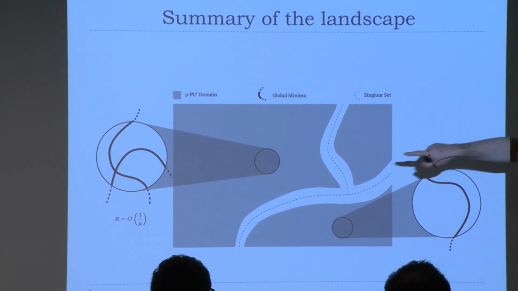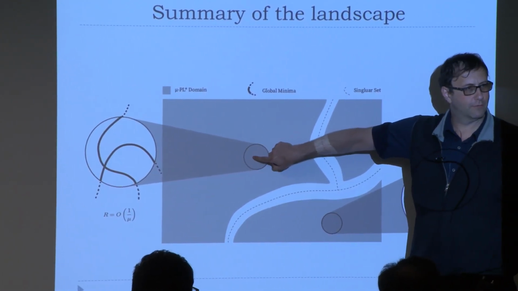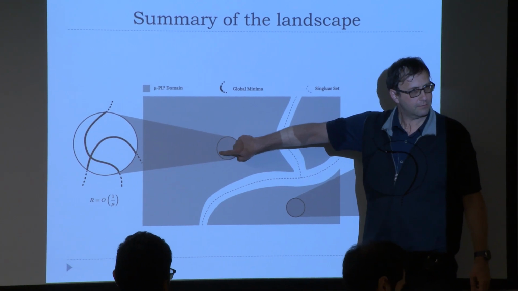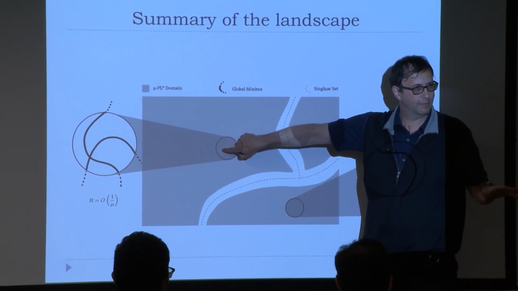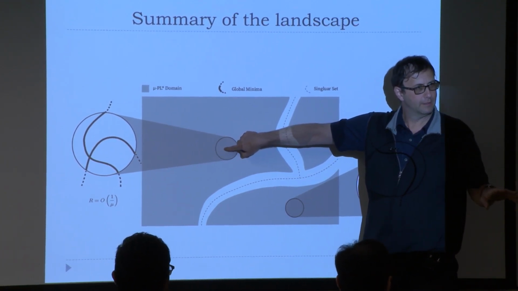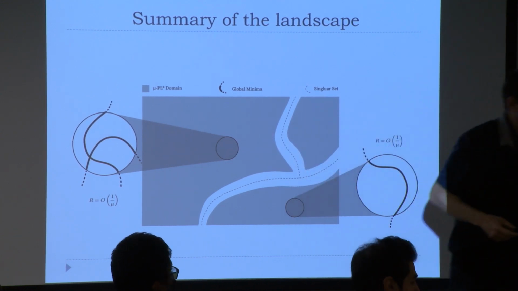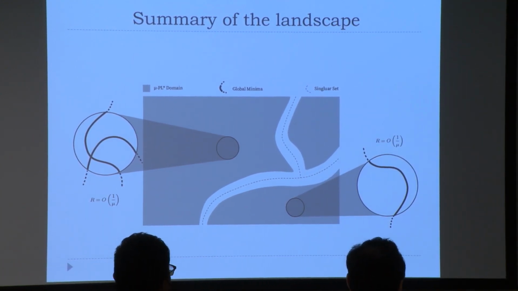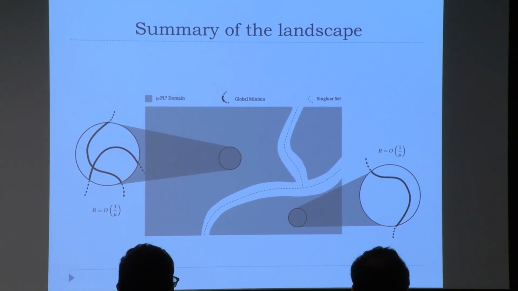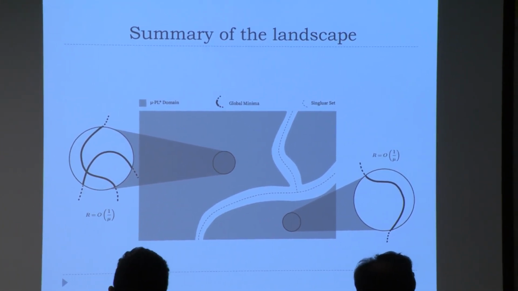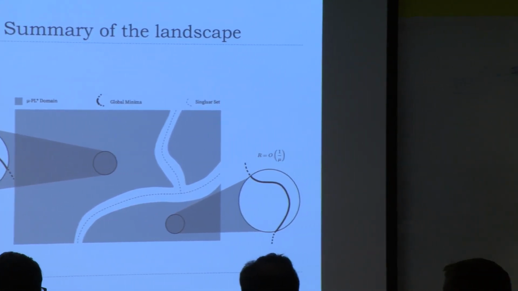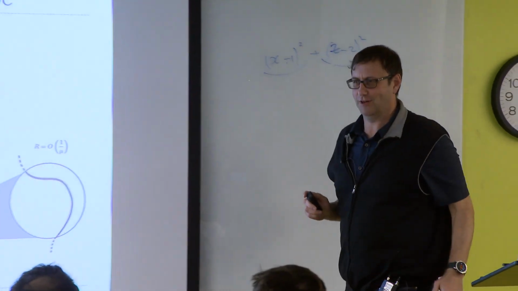So I need to prove that my lambda mean is bounded from below in a ball. That guarantees that there is a global minimum. But I'm not saying anything about generalization at all, which is annoying, right? But yeah, sorry.